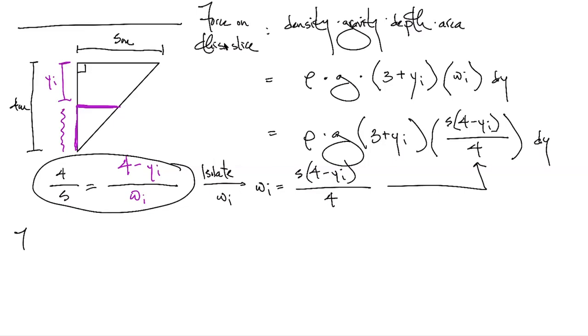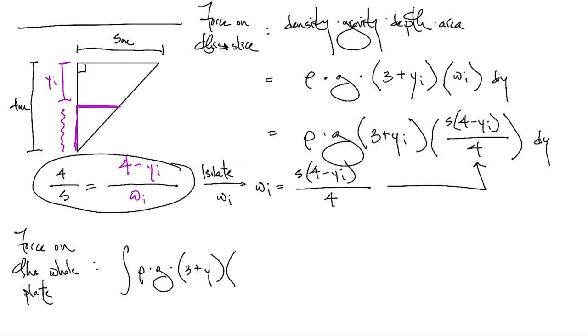So force on the whole plate can be represented by this: the integral of rho times g times 3 plus y times 5 times 4 minus y over 4 dy.